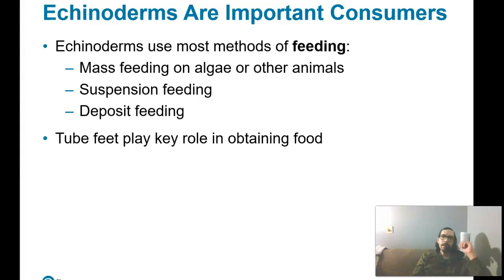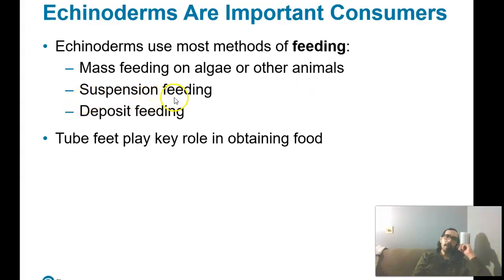Echinoderms use most methods of feeding, so they can use mass feeding when they feed on things like algae or other animals. They can use suspension feeding, and they can also use deposit feeding. The mass feeding, this would be something that you would see with sea urchins when they graze on algae, or when you see sea stars that prey on other animals like bivalves, which are clams, oysters, things like that.